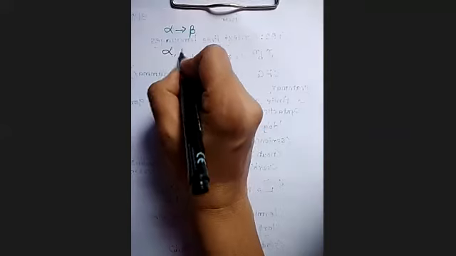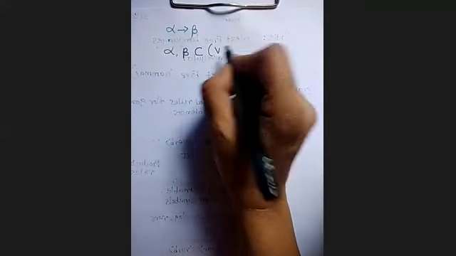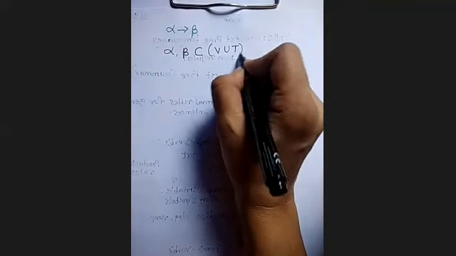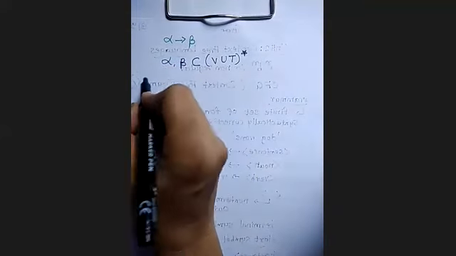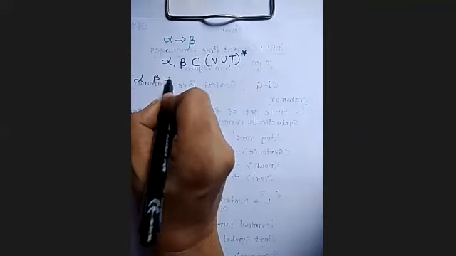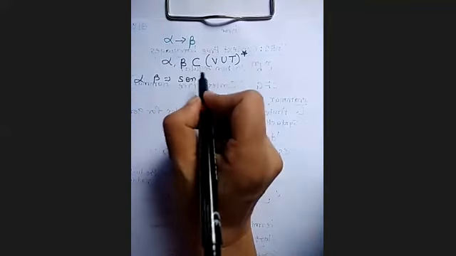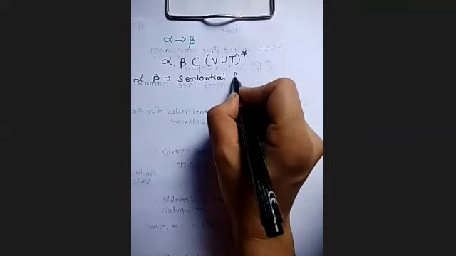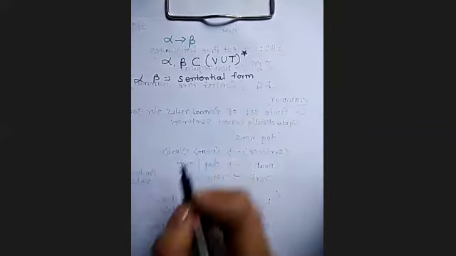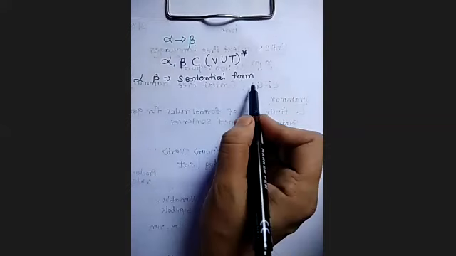So alpha and beta, that's why I'm writing it like this, it is a what? V union T closure. Alpha and beta are also known as a sentential form.